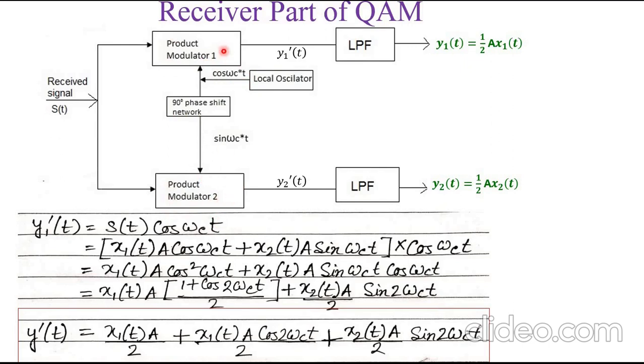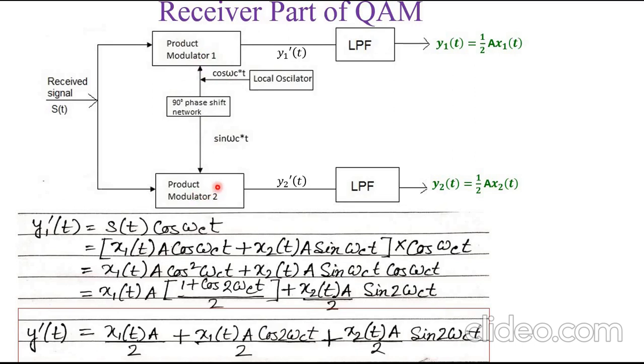So there are two product modulators, and we have a carrier signal cos omega_c t generated over here. One is given directly, and the second is given after a 90 degree phase shift. So this will be sin omega_c t, and over here it will be cos omega_c t. Okay, so there are two product modulators.